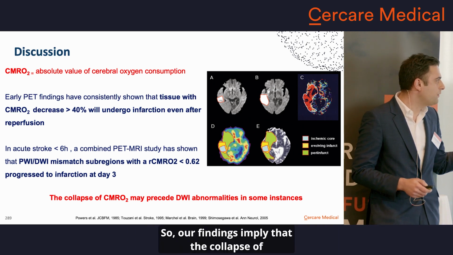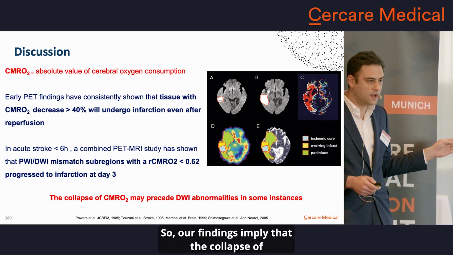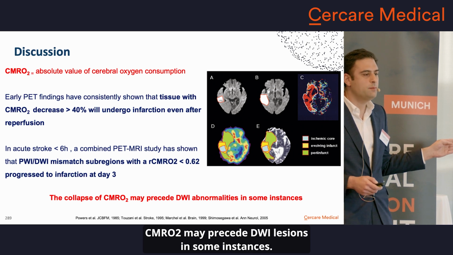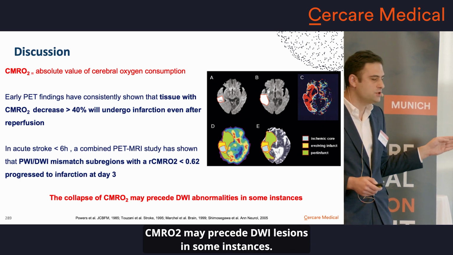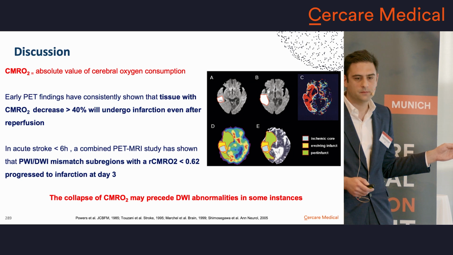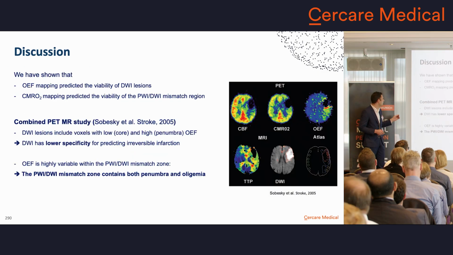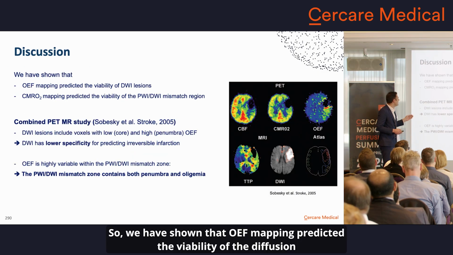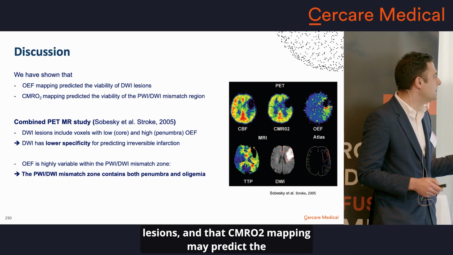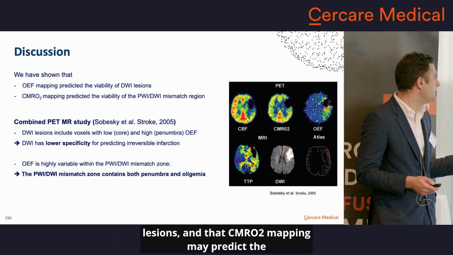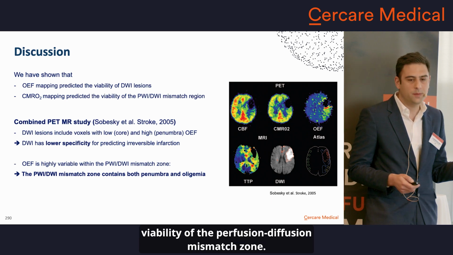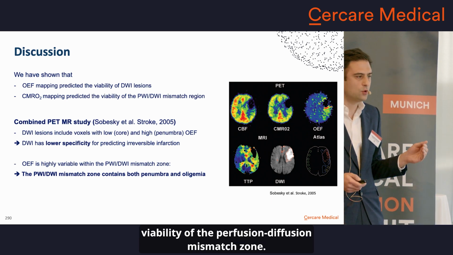So our findings imply that the collapse of CMRO2 may precede DWI lesions in some instances. So we have shown that OEF mapping predicted the viability of the diffusion lesions and that CMRO2 mapping may predict the viability of the perfusion-diffusion mismatch zone.